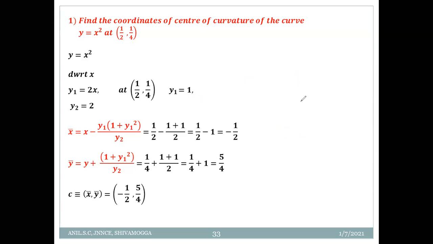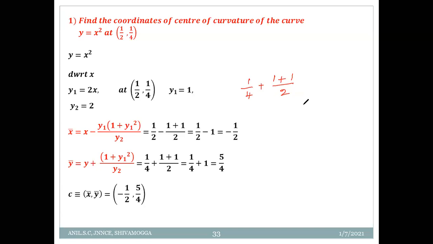Similarly, we find y bar. Note this difference: y bar is given by y plus, there is no y1 here. Y bar is equal to y plus 1 plus y1 square divided by y2. I substitute: y is 1 by 4 plus 1 plus y1 square. 1 plus y1 square, where y1 is 1 and y1 square is also 1, divided by y2.